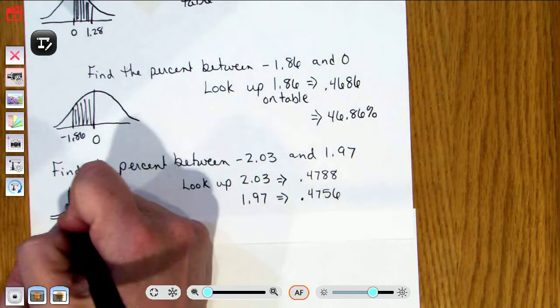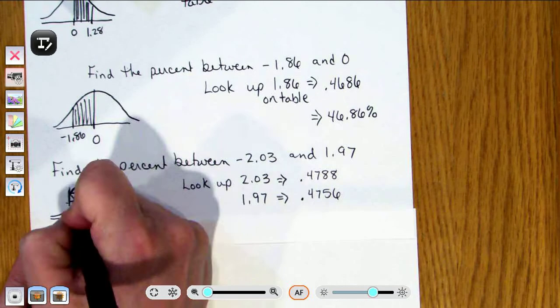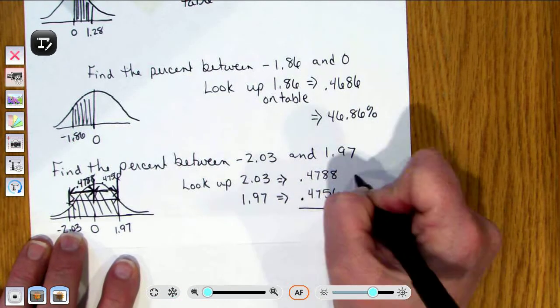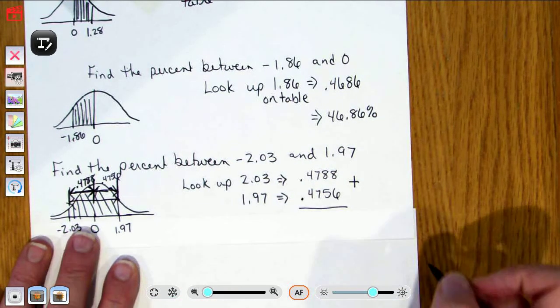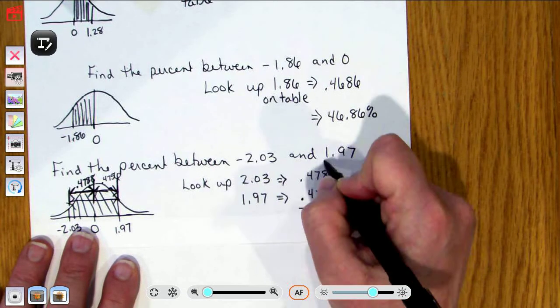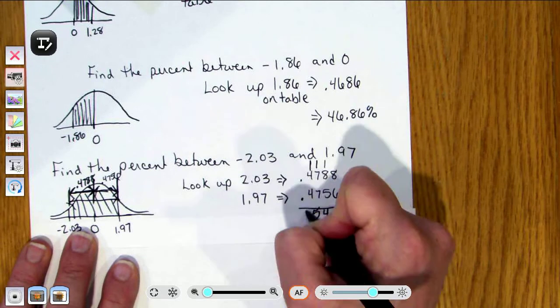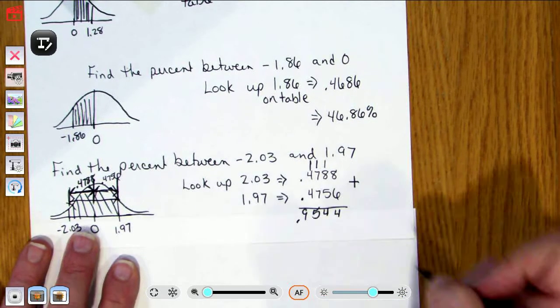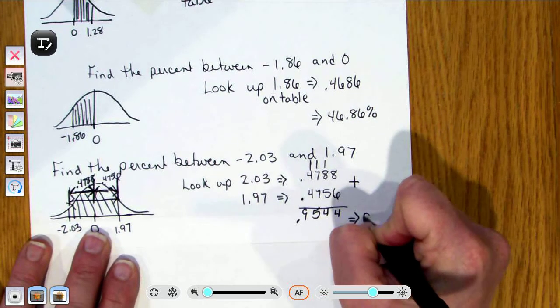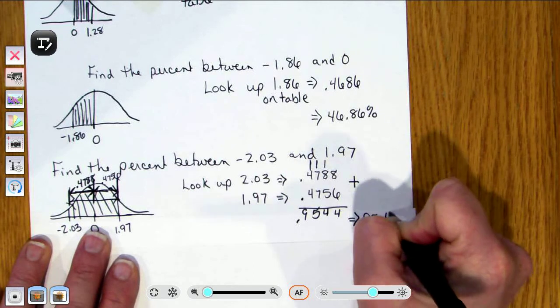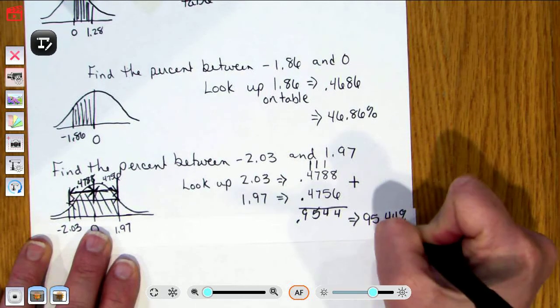So if I want to go from here all the way to there, we will add these two numbers together. So 14, carry a 1, 14, carry 1, 14, 15, carry a 1, 9. Which as a percent is 95.44%.